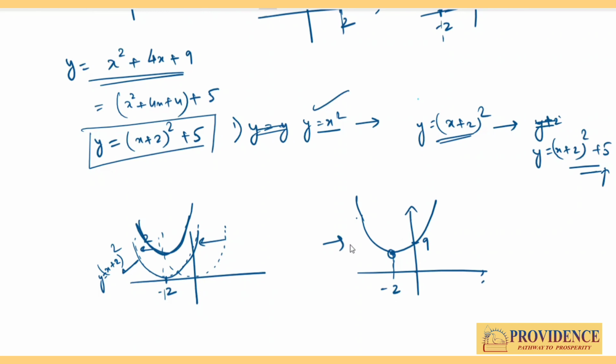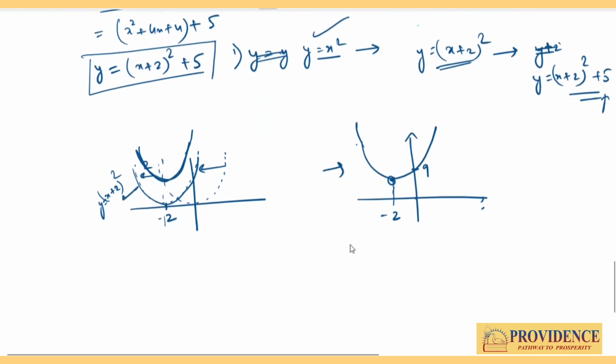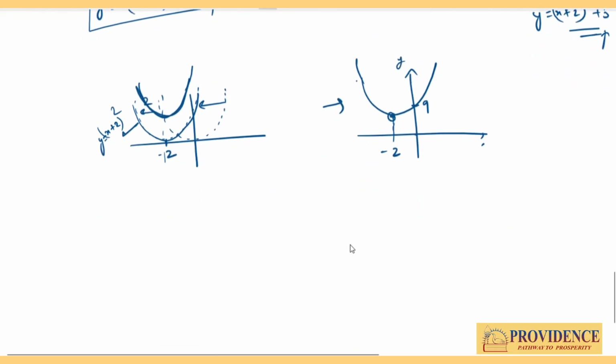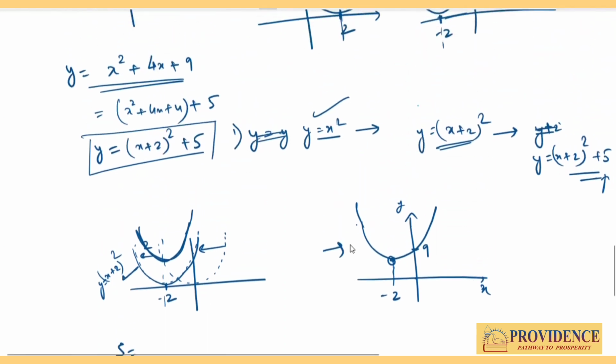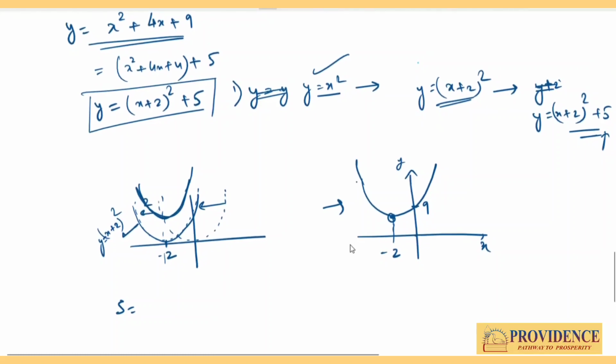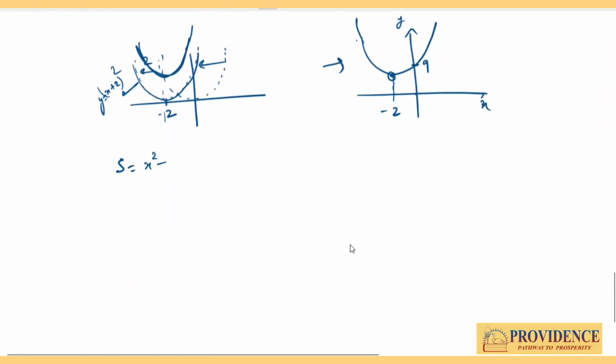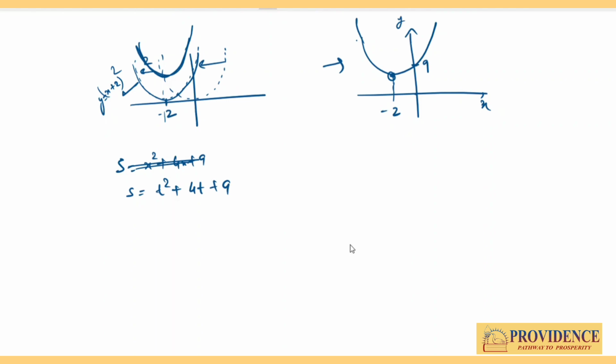So if we are given any equation where this is y, this is x, like s is equal to this expression, x square plus 4x plus 9, or rather a displacement versus time graph, say s is equal to t square plus 4t plus 9, in this same way we can get it.